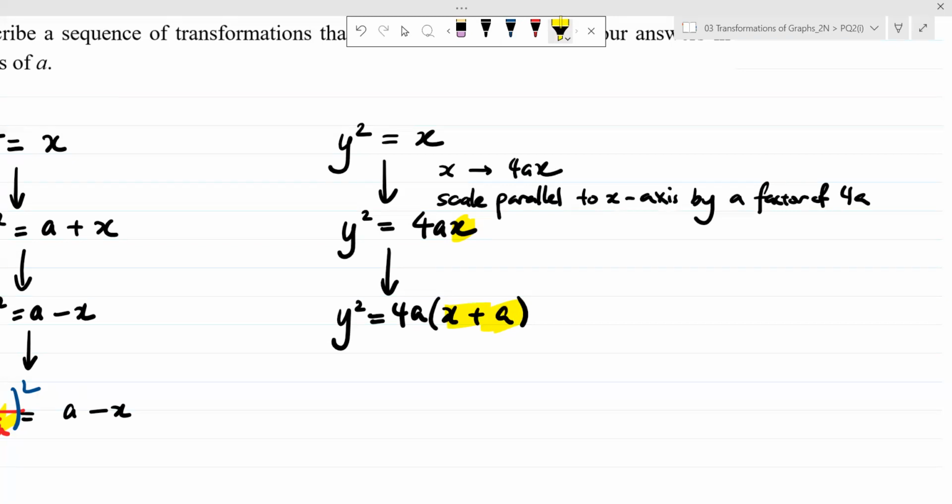Alternatively, you could do your reflection first. So instead of x plus a, you could do your minus x first. But then later on, you will replace x with x minus a. So in the face of a horizontal reflection, aka a reflection about y-axis, it will perhaps make more sense to do the translation first.